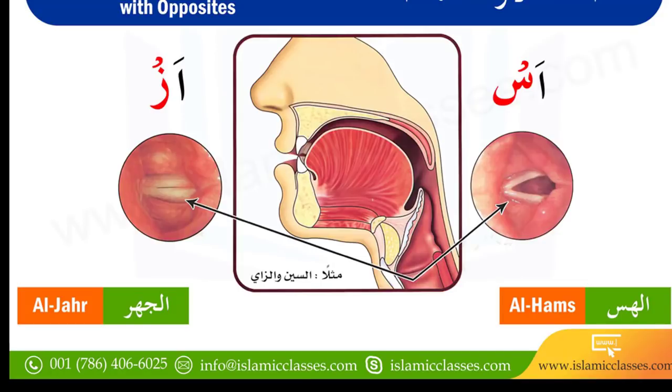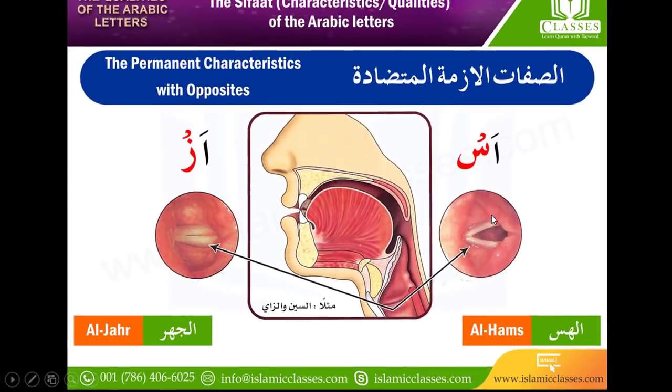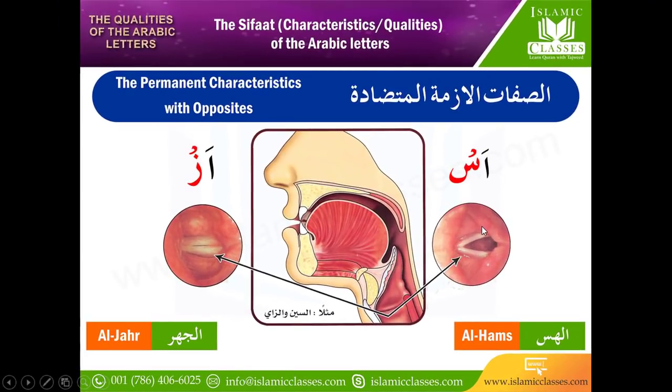In the last image here, you can compare both qualities, al-hams and al-jahr, together. Al-hams is basically continuation of the breath, and in al-jahr we discontinue the breath. In al-jahr the vocal cords vibrate, and in al-hams the vocal cords do not vibrate.